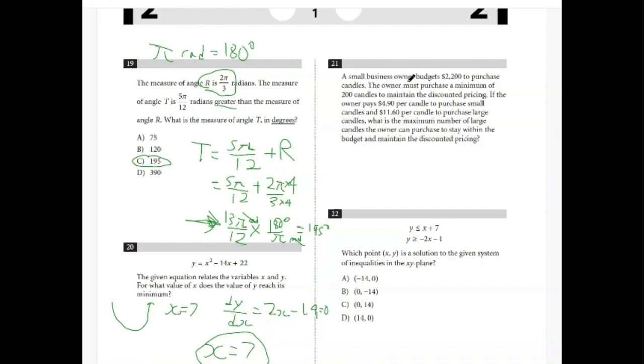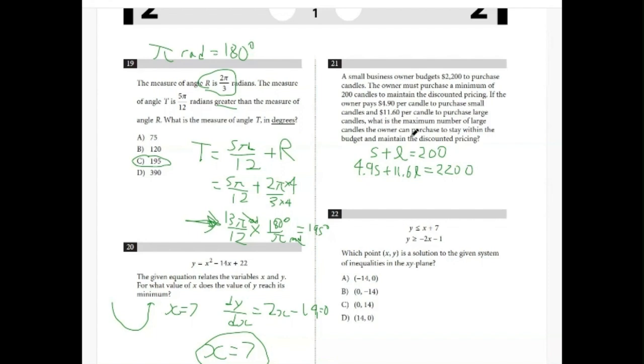So we know that the total number of small and large candles needs to be 200. And it says $4.9 per candle to purchase small, so it's 4.9S plus 11.6L, and this is equal to 2,200.